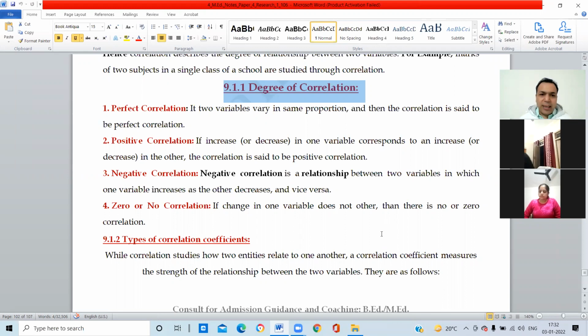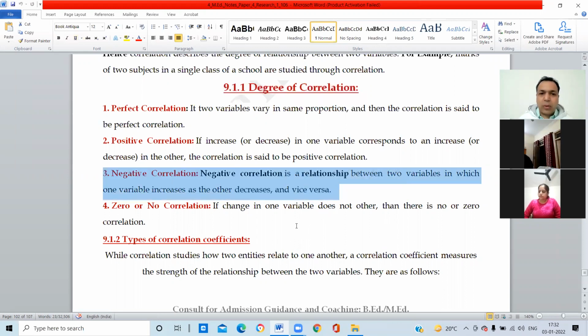Then you can say that it is a positive correlation. Number three, I talk about the negative correlation. What is a negative correlation? Negative correlation is a relationship between two variables in which one variable increases and the other decreases, and vice versa. So 50% demand increases, but only 20% are purchasing the mobile phone. One increases and another decreases. This is called a negative correlation.